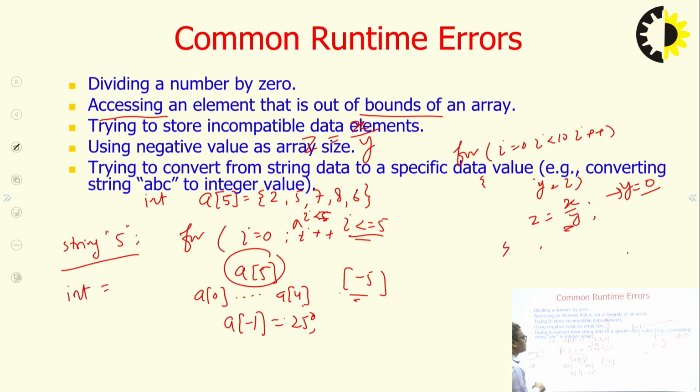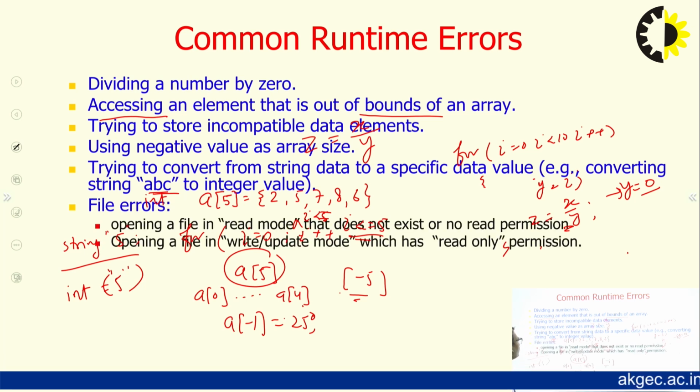So you can cast it. It will not give you any problem. But if you are casting ABC and trying to convert it into an integer, it will not be converted because the value of ABC does not specify any integer value. So it will throw an exception.